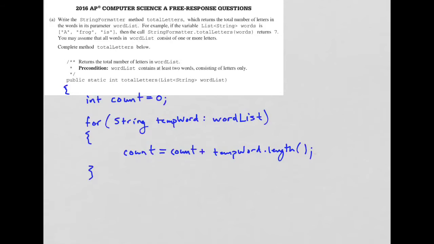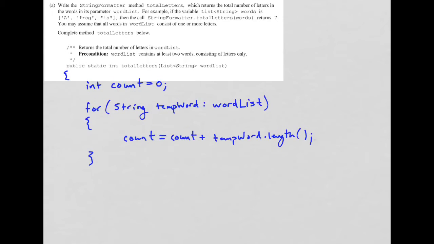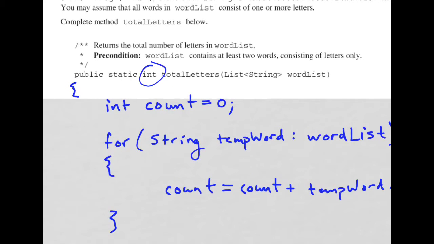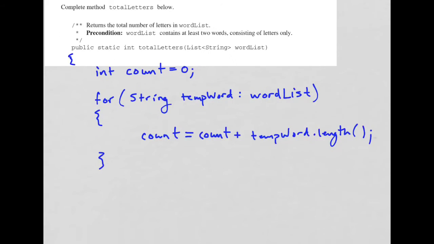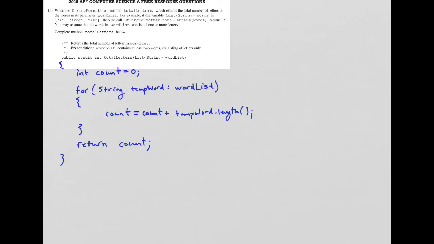And then the last time I run it, it'll get 2 for this, plus 5 is 7. So there we go. But I need to return something. I need to return an integer. So I just return count, because it should be all done after that. And that's it for part A.